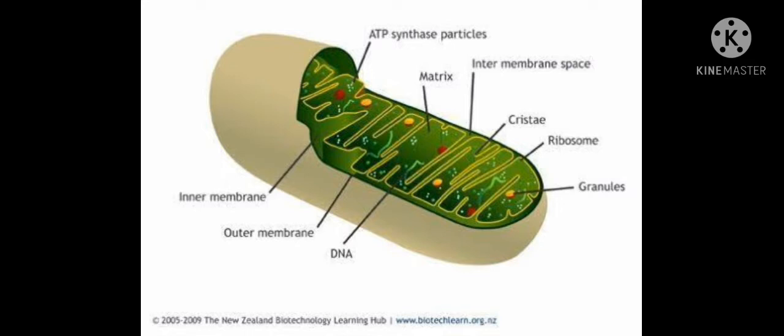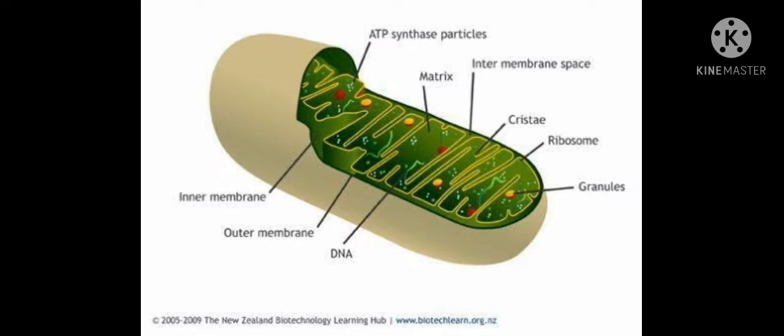The outer layer, the envelope of mitochondria, is for protection and the permeability of some chemicals. The inner membrane has enfolding structures called cristae, on which the F1 particles are there. Within the inner membrane, the fluid called matrix is present, and within this the granules, some ribosomes and DNA molecules are present.